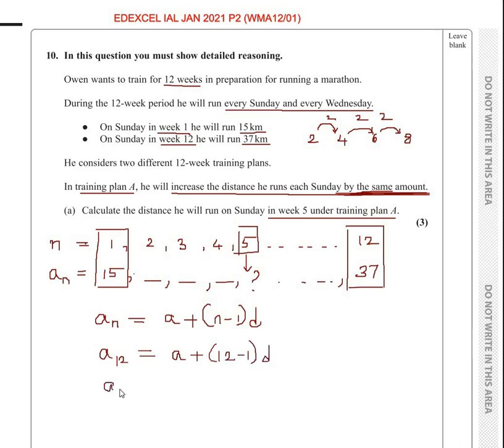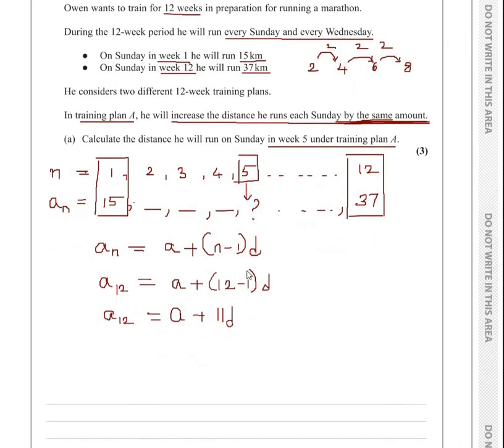We can write it as a_12 equals a plus 11d. Now a_12, that is, on the 12th week he is going to run 57 kilometers. So we write a_12 equals 57 kilometers.